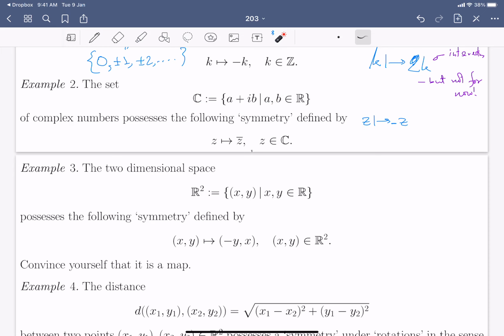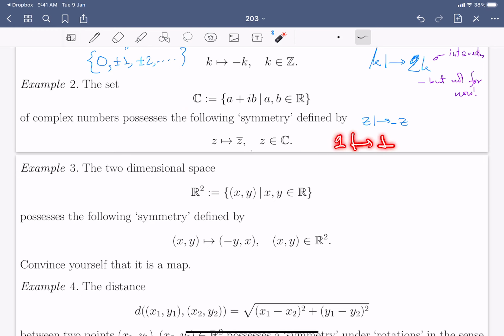But if you apply this map to the element 1, or 1 plus i times 0, then you get back minus 1, which is different from 1. Depending on the situation, you may want your symmetry to send 1 to 1. In that case, this symmetry does send the element 1 of C to 1.